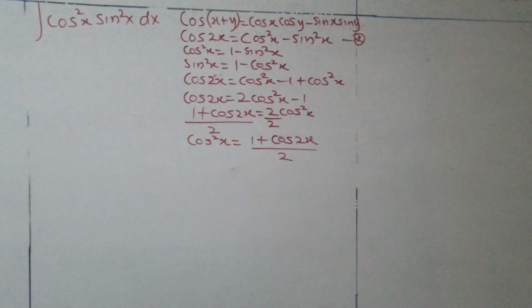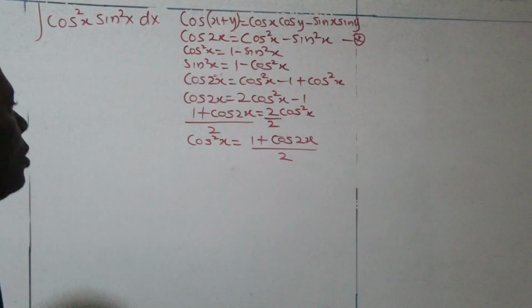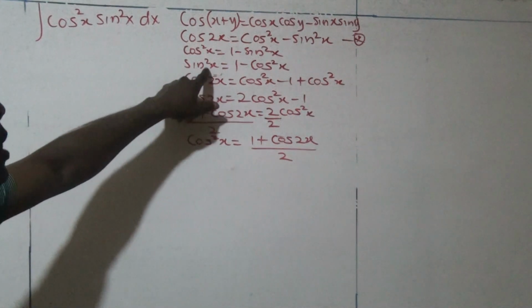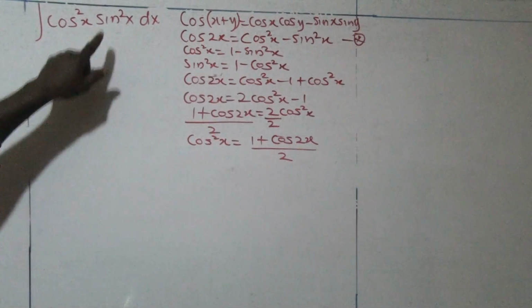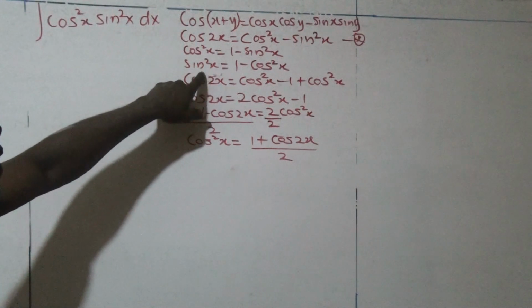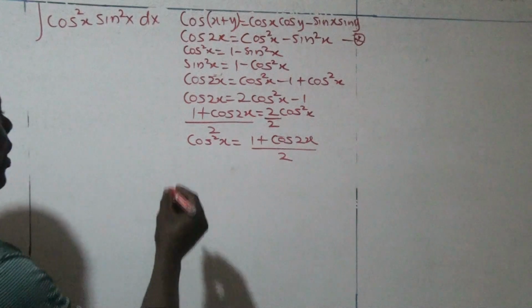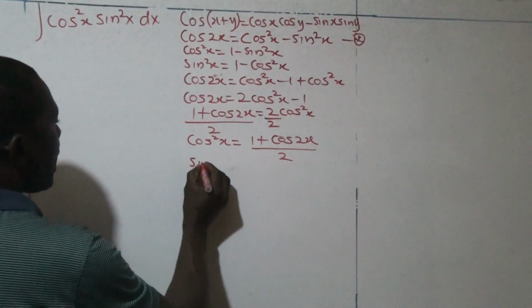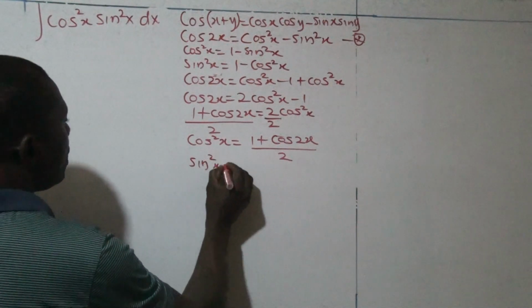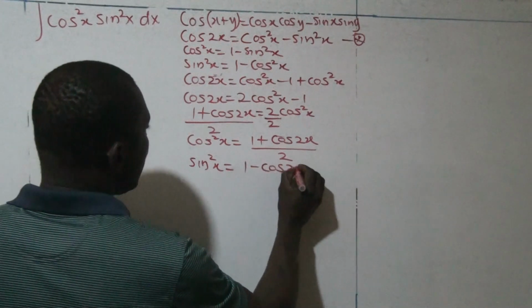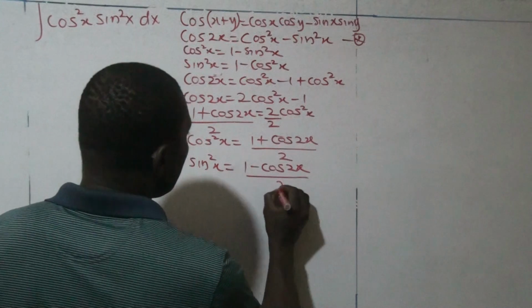Similarly, if we are trying to obtain an expression for sine squared x, from here we say that cos squared x is equal to 1 minus sine squared x. So our sine squared x will become (1 minus cos 2x) divided by 2.